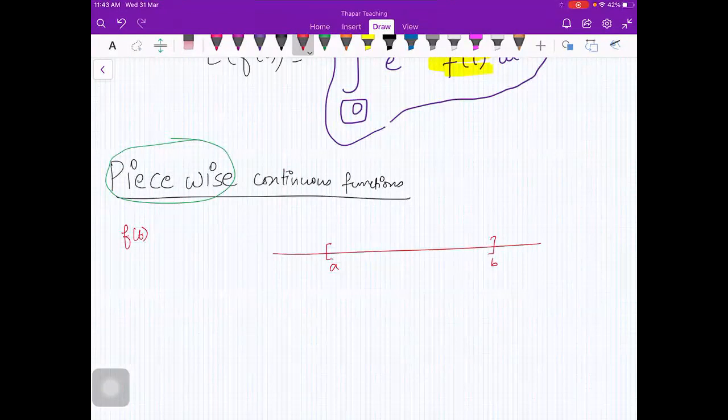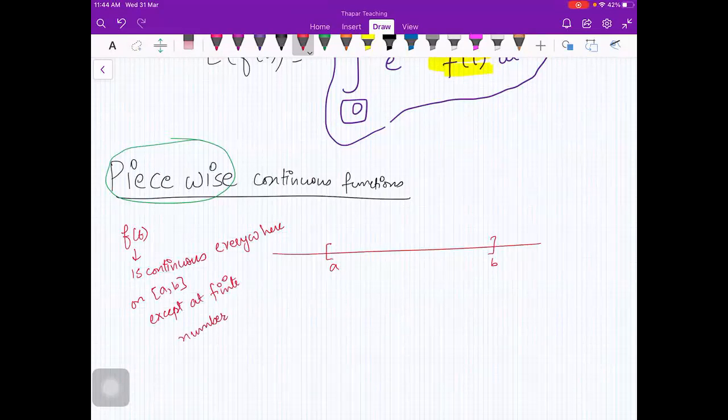Now suppose this function f of t is continuous everywhere on a b except at a finite number of points. मतलब ए बी के अंदर हर जगह ये कंटिन्यूस है एक्सेप्ट एट से 1 2 3 4, मतलब जितने भी पॉइंट्स है फाइनाइट हों, मतलब ऐसा नहीं है कि इनफाइनाइट नंबर ऑफ पॉइंट्स पे वो डिसकंटिन्यूस है, फाइनाइट नंबर ऑफ पॉइंट्स पे वो डिसकंटिन्यूस हो सकता है.